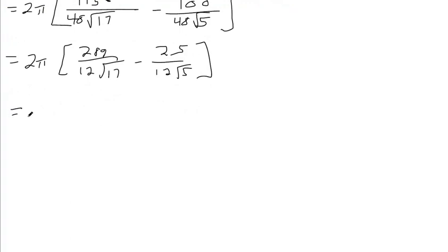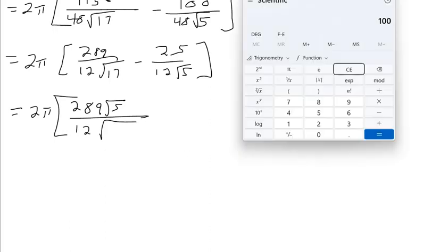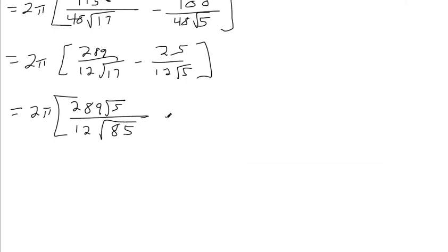So we can get common denominators by multiplying this fraction, the top and the bottom, by square root of 5. So 17 times 5. The square root of 85. And then top and the bottom by square root of 17.